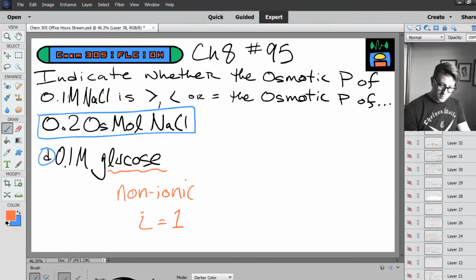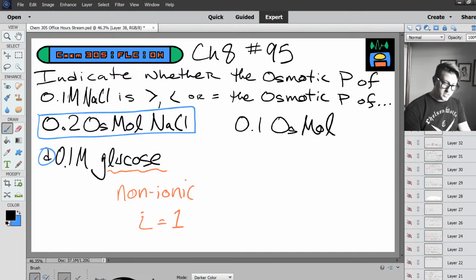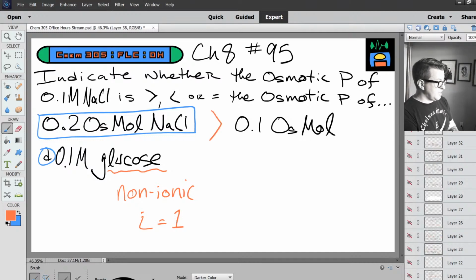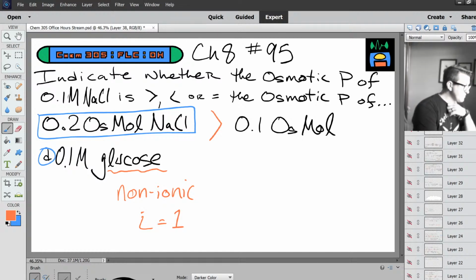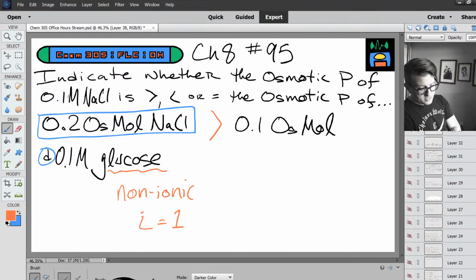Its i is just equal to 1. So the osmolarity here would be 0.1 osmolar. So this would have a lower osmotic pressure than the solution of sodium chloride we're given.